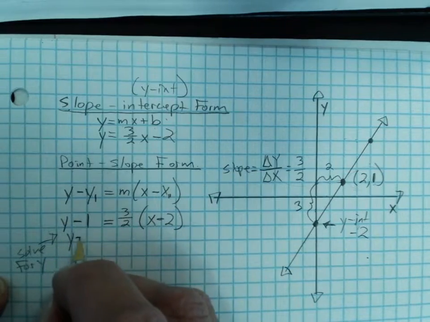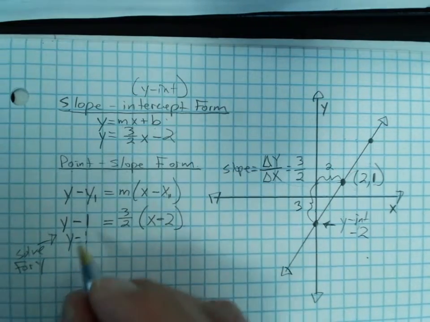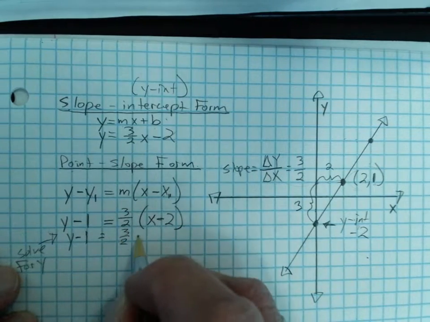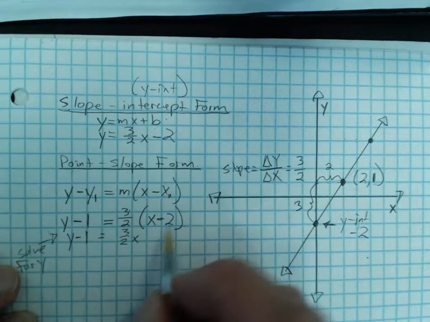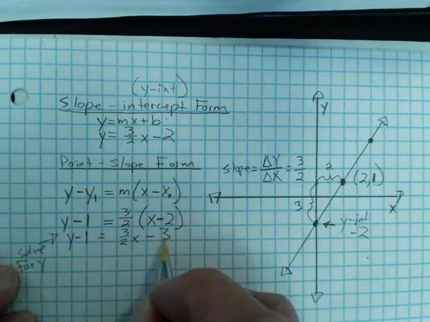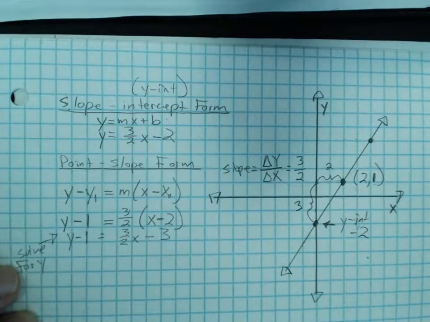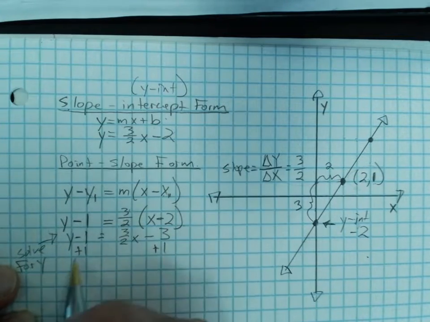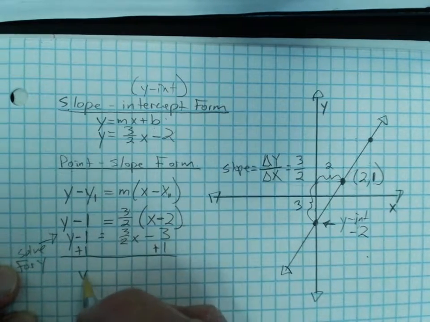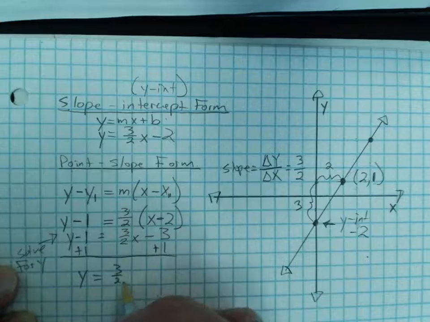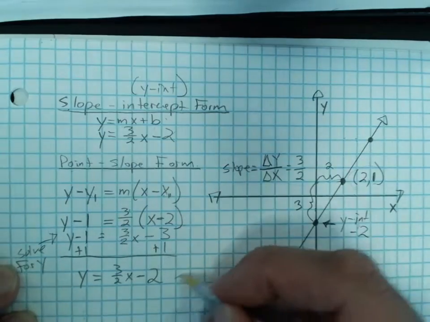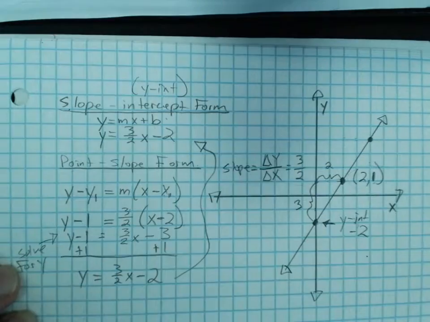So I'm going to bring down the y minus 1 equals 3/2 x, and then 3/2 times -2 is going to be -3. And then I'm going to add the 1 over, and then you get y equals 3/2 x minus 2. And that is slope-intercept form.